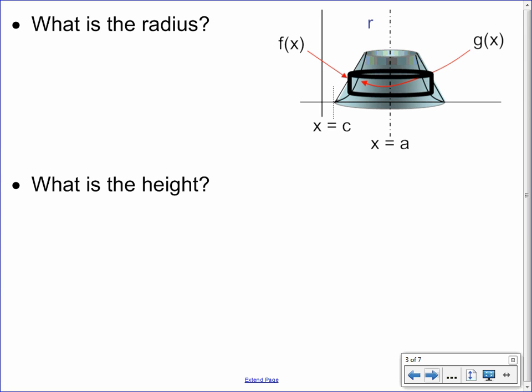Okay, well in this picture, we're talking about where our axis of rotation is to our rectangle. So if we were rotating about the x-axis, our radius would be from the x-axis to any of our shells, and that would be x.